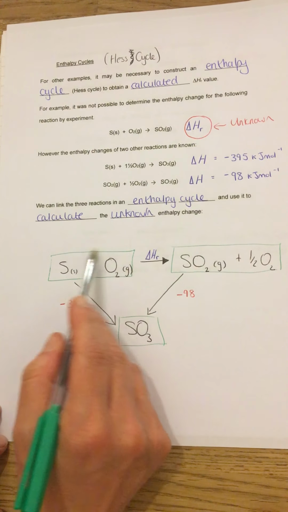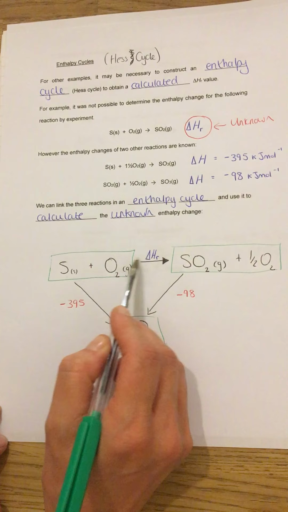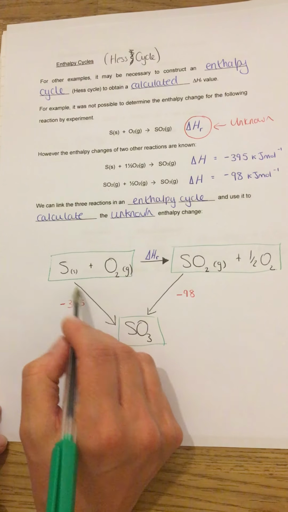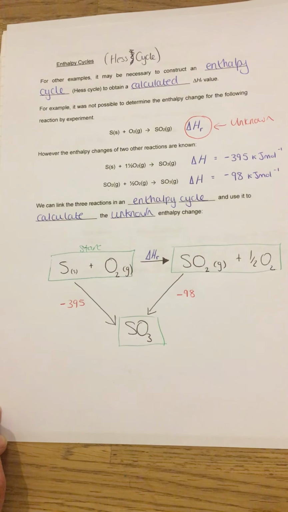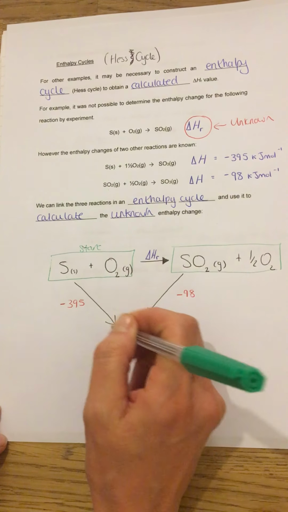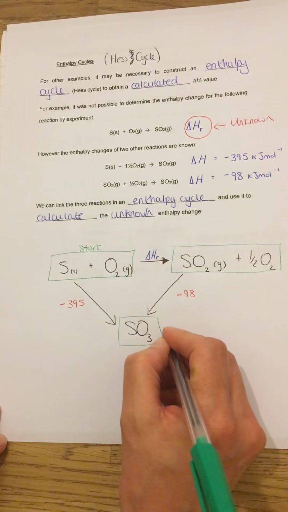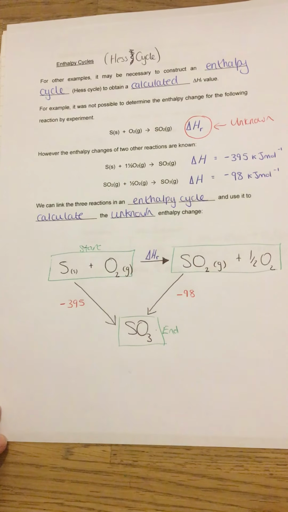So that's here, because this box has an arrow coming out there and an arrow coming out there. That's our starting point. And the end point is the bit which only has arrows going into it. So that is here, because we've got an arrow coming in there and an arrow coming in there. So that's the end.